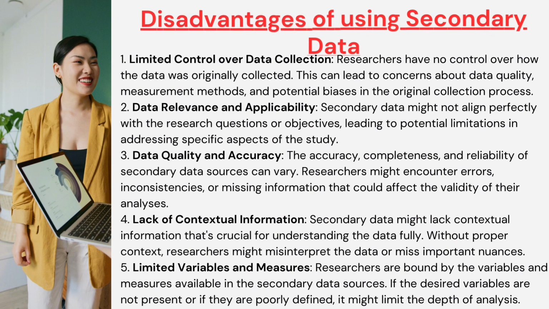Without proper context, researchers might misinterpret the data or miss important nuances. Limited variables and measures. Researchers are bound by the variables and measures available in the secondary data sources. If the desired variables are not present or if they are poorly defined, it may limit the depth of analysis.